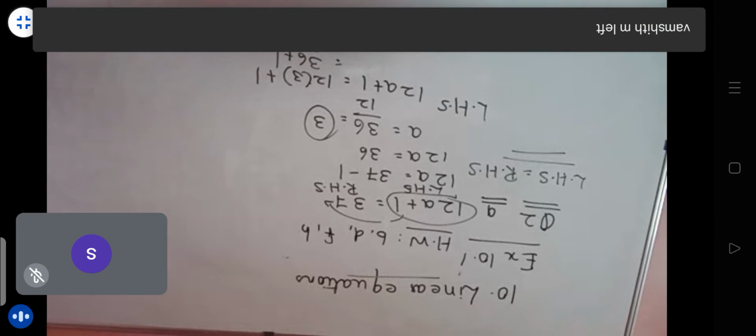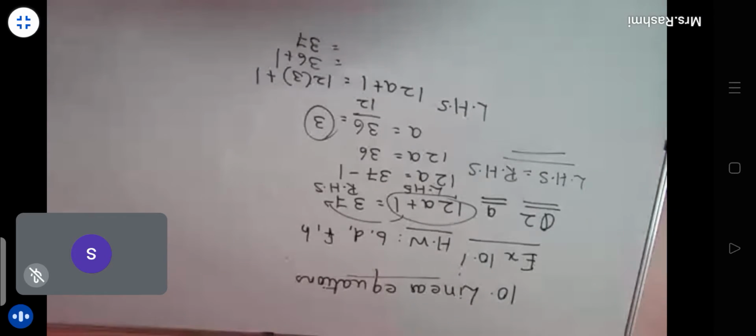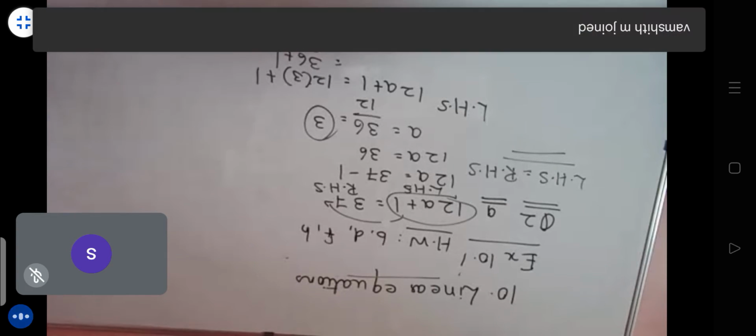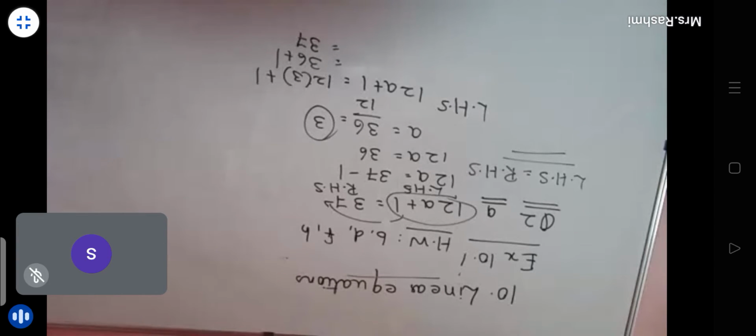Then D1 is 5y minus 9 is equal to 26. Ma'am, there is no such sum.